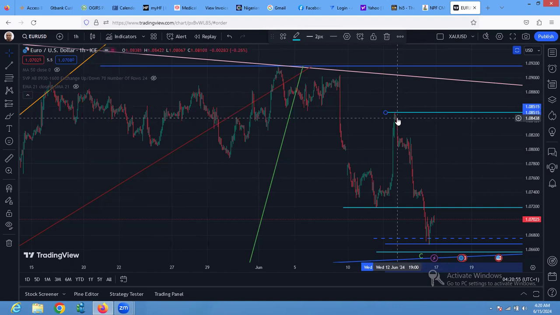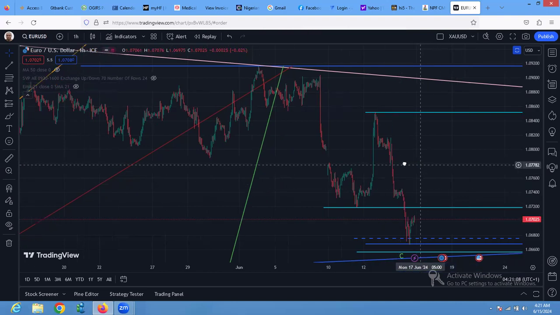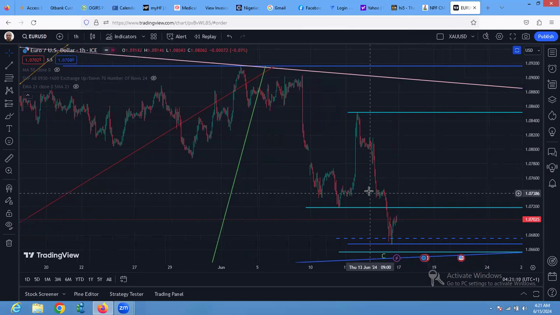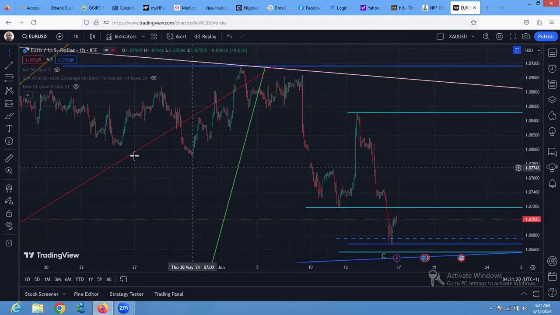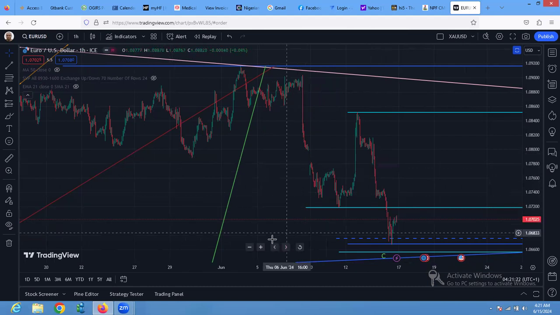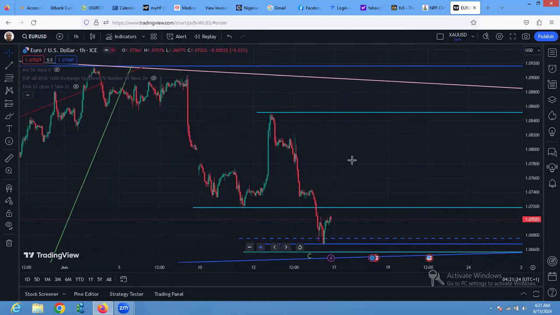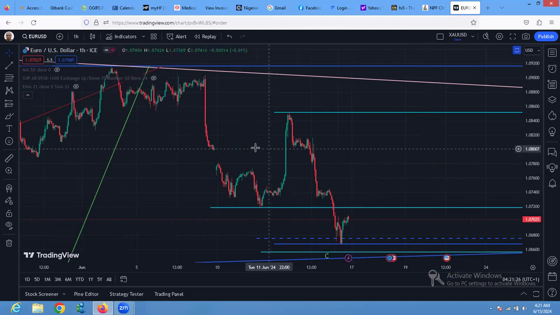Let me see a three-wave pullback, but it came down, it gave us this move, came here, you were expecting a 100% around this area. The price did a small correction to break low. And if you had waited and you didn't pick your buy from here, even if it broke low, you'd be losing a little and you wait for price. So from here, I'm trying to teach us something we had seen on the higher time frame.